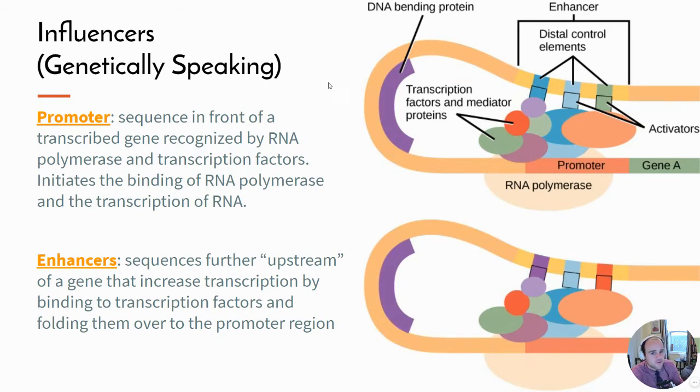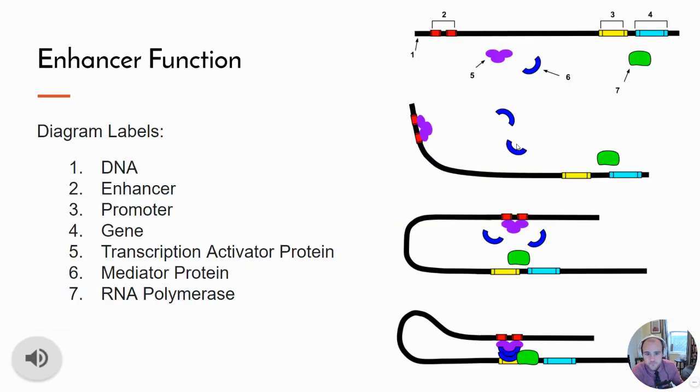It's far enough away that it can fold over, and you can think of it as grabbing on to those transcription factors and then pushing that onto the promoter region to guarantee that transcription happens. So those enhancers are just going to boost the odds that those transcription factors bind to that promoter.